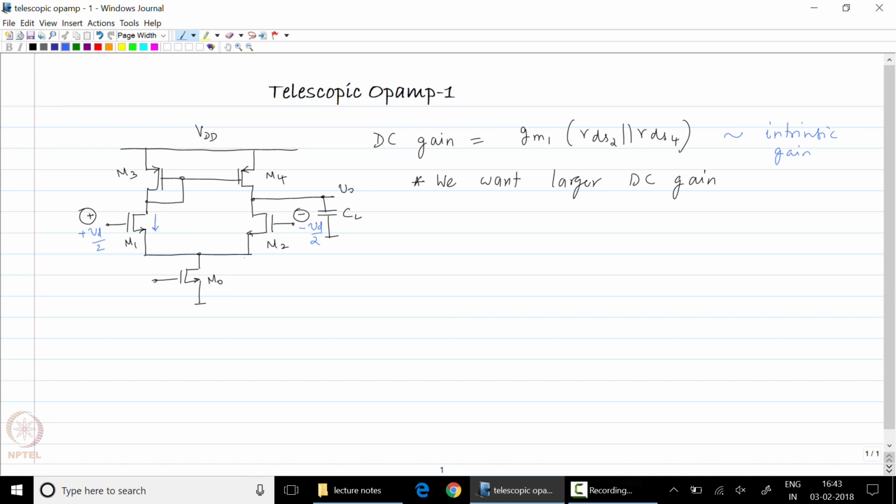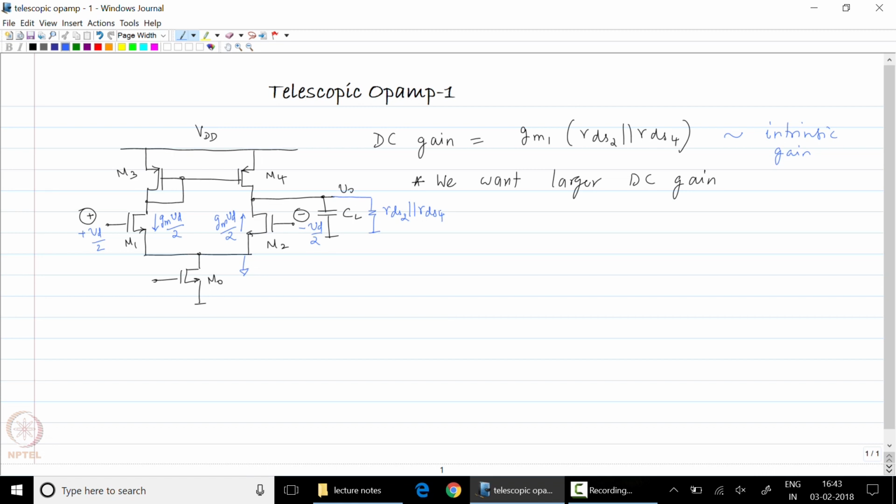So, as we pointed out, the common source node is a virtual ground, and each transistor now has a current GM VT by 2 in the directions shown. And in parallel with CL, I will also explicitly show the output resistance, which is RDS2 parallel RDS4, so that we understand where the current is flowing.